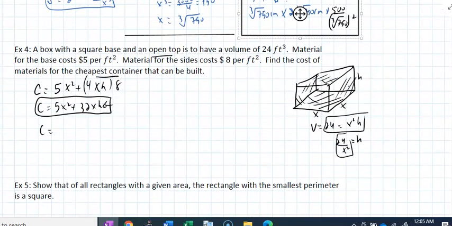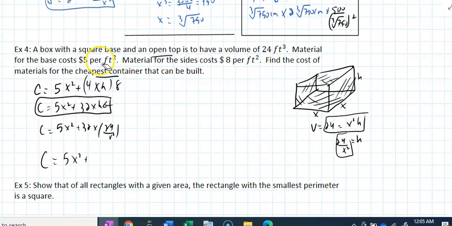My mistake. All right, so the cost here is 5x squared plus 32x times 24 over x squared. The cost is 5x squared plus, and if I multiply 32 times 24, that's $768.